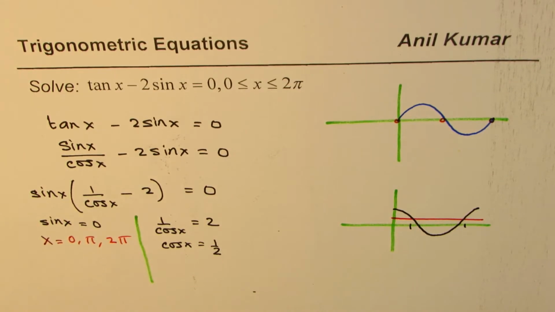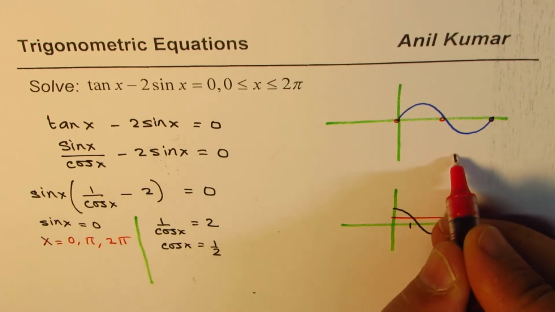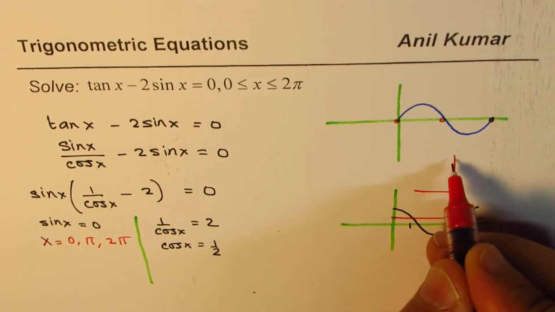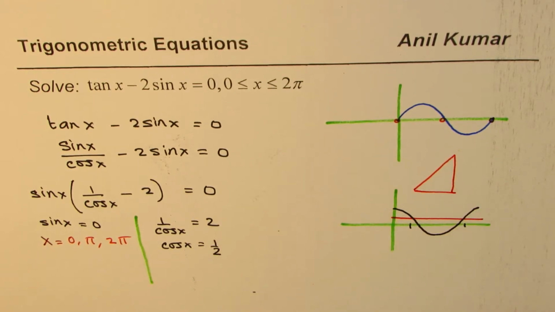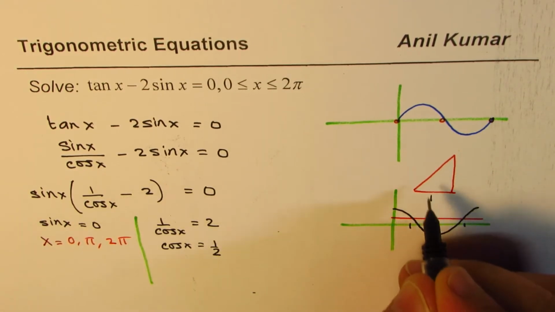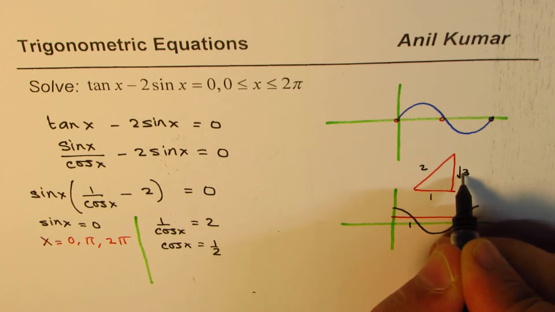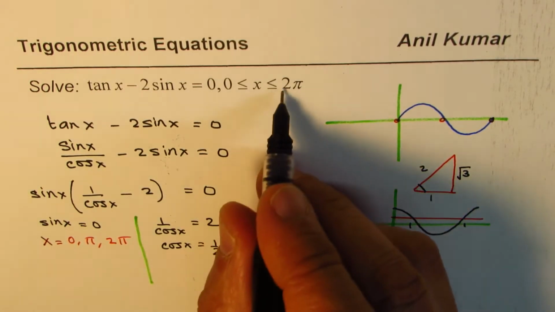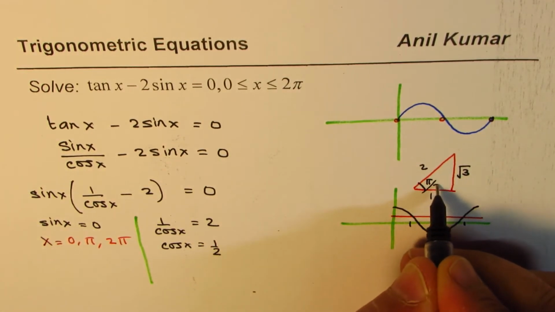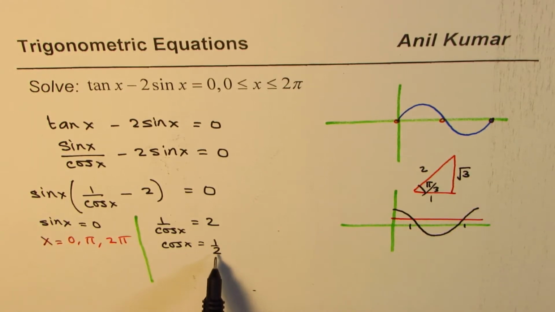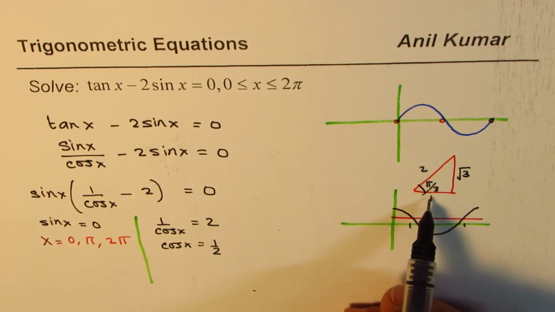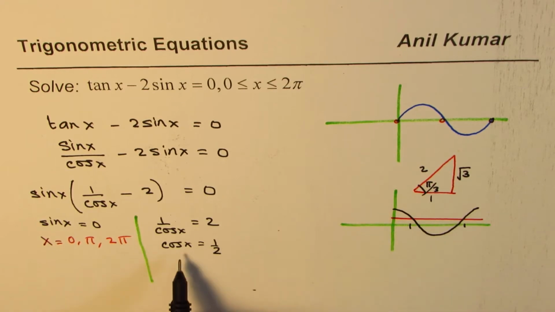We can always use special triangles or a calculator to solve this one. Special triangle I'll prefer. So we're looking for a triangle whose sides are 1, 2 and square root 3. This is pi by 3, right? We're saying cos x equals half means 1 over 2, pi by 3, that is right.